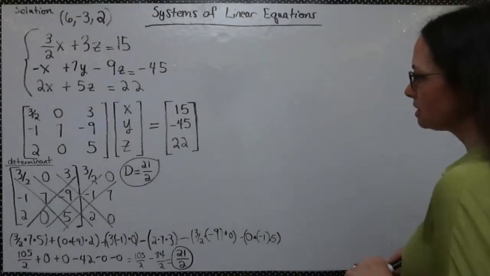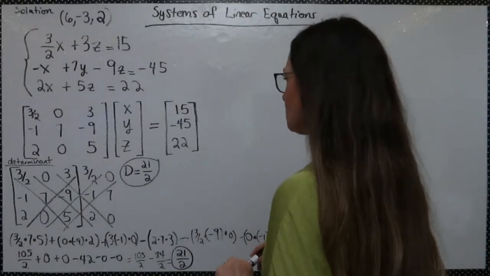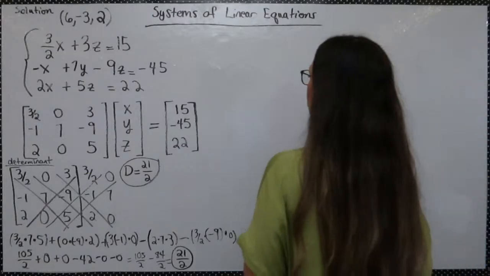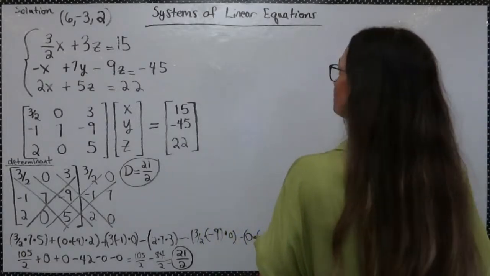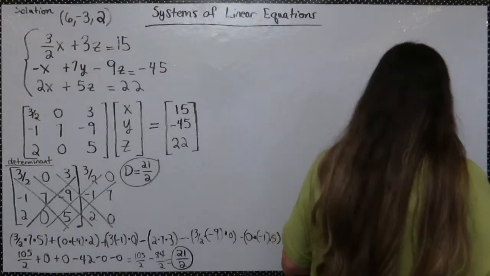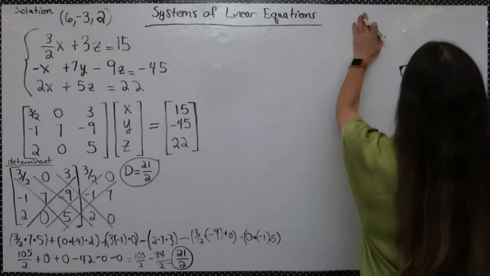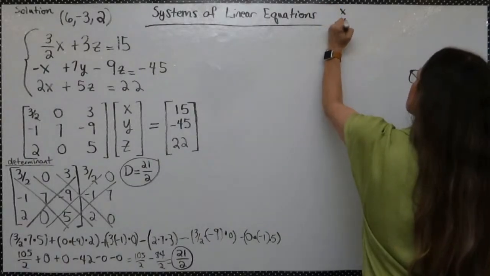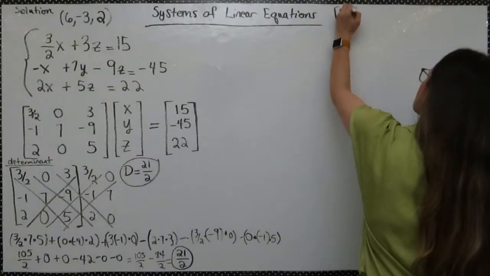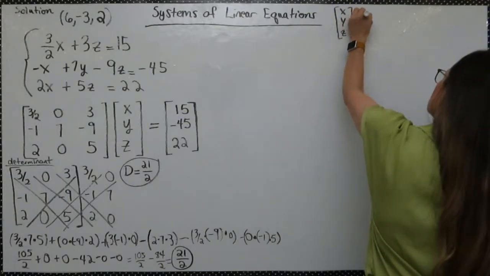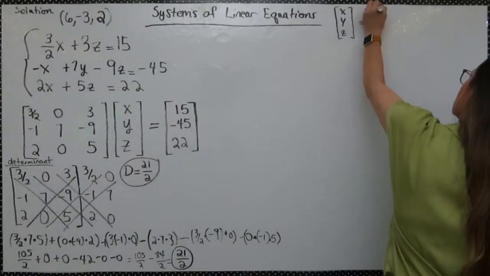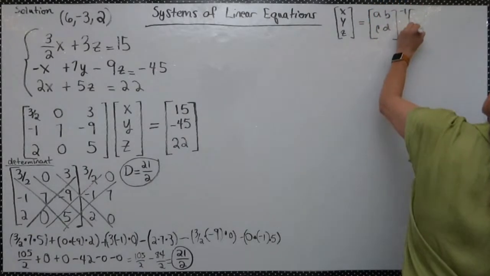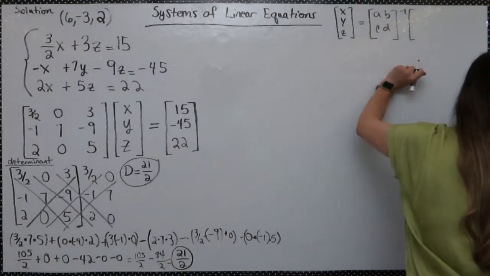All right, so the next thing we're going to do per this method is calculate what's called the matrix of minors. And I think that this is probably the hardest part of this entire method. So we'll practice it and we'll just have to be real careful. Okay. So recall we have X, Y, Z, and that's going to equal my A, B, C, D inverse times my constants.